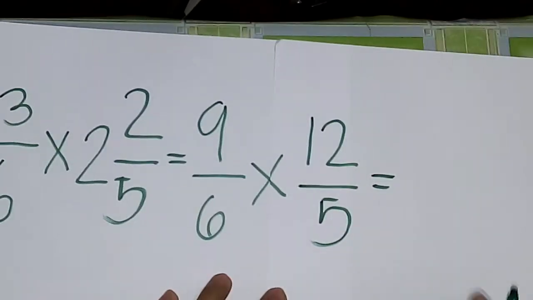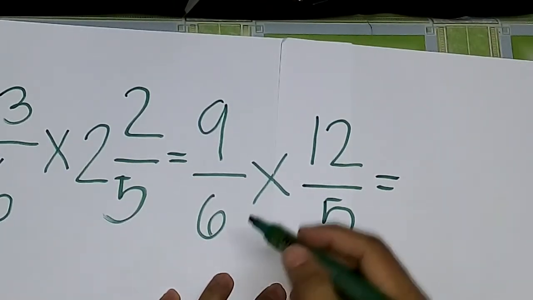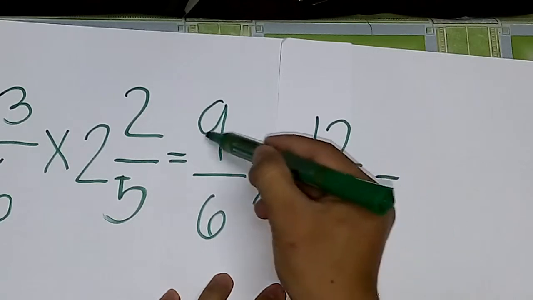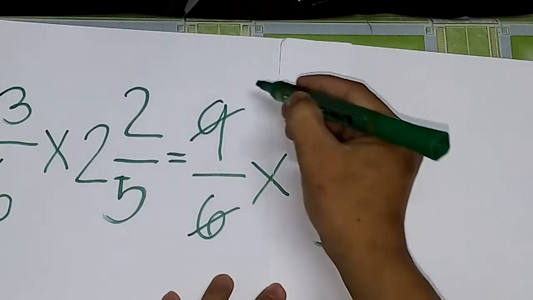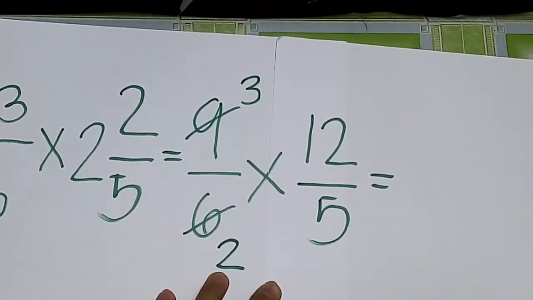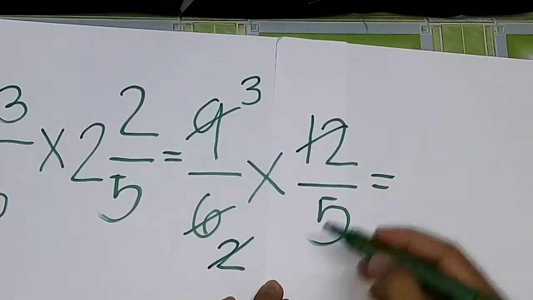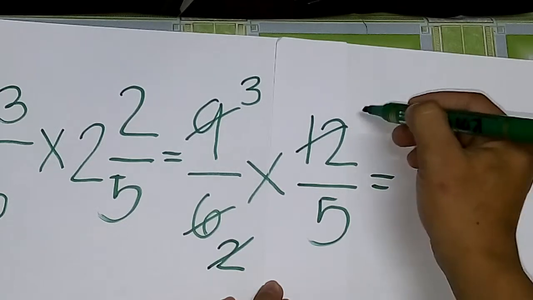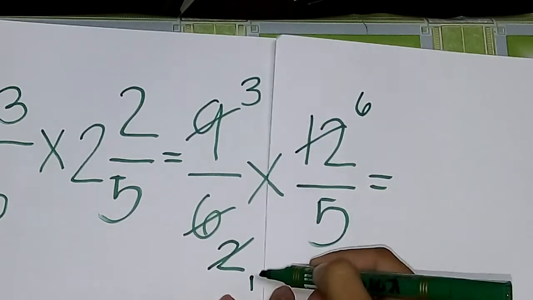Let us proceed to multiplication, but we can apply cancellation here. 9 and 6 can be cancelled out. Their GCF is 3, so 9 divided by 3 is 3, 6 divided by 3 is 2. Okay, we can also cancel 12 and 2. 12 divided by 2 is 6, 2 divided by 2 is 1.